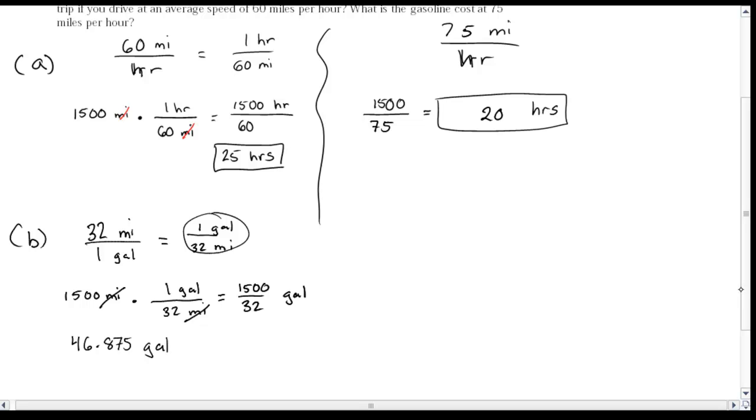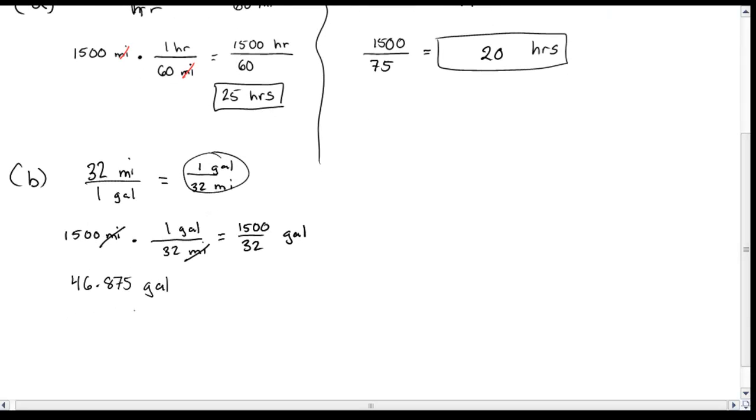Now, what's your cost? Well, it said to assume a cost of $2.95 per gallon. So 46.875 gallons times $2.95 per 1 gallon.